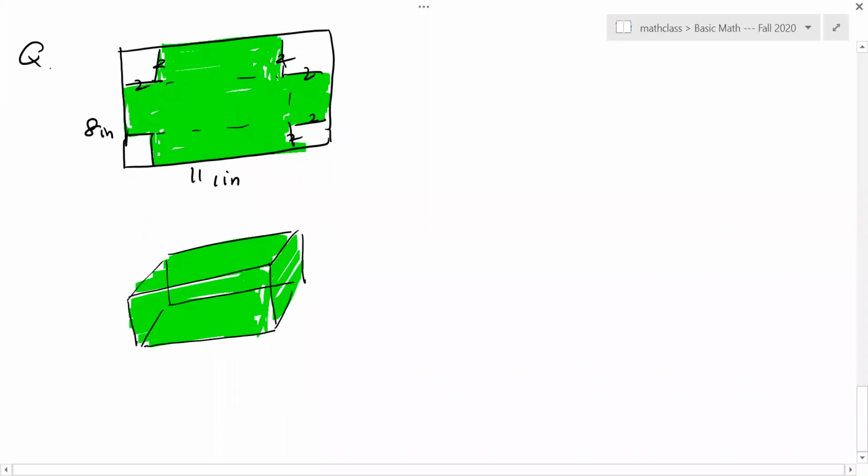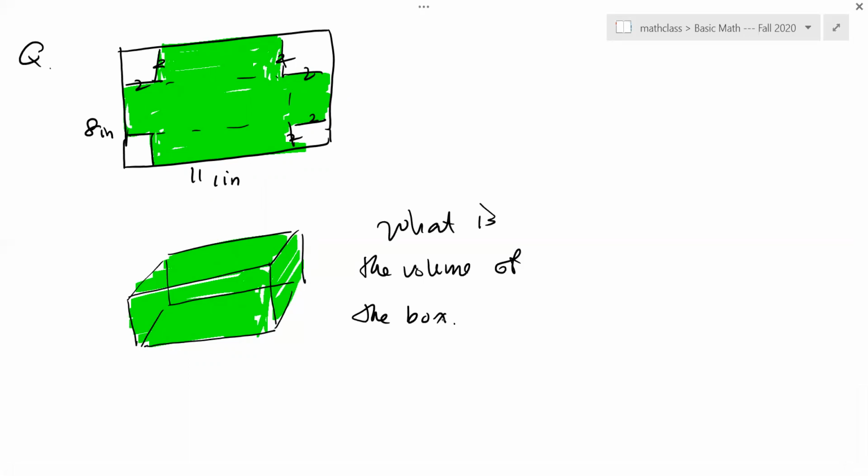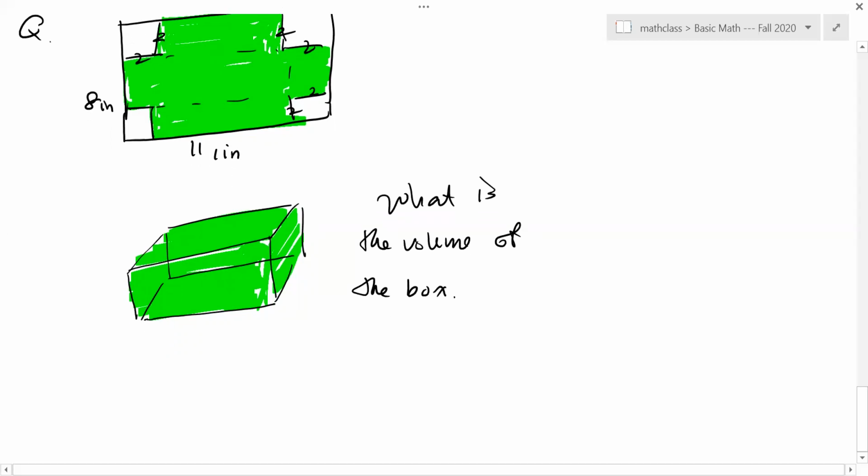My question is, what is the volume of the box you make? That means how many unit cubes you can put there.